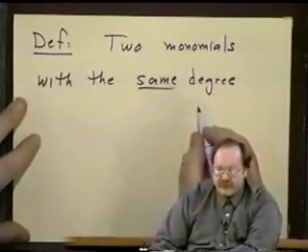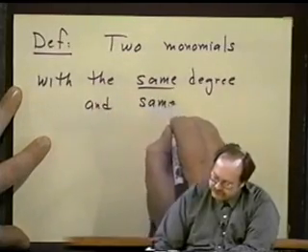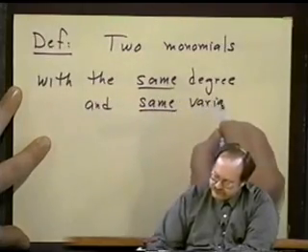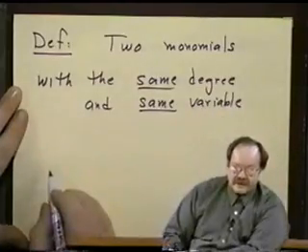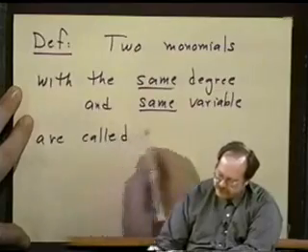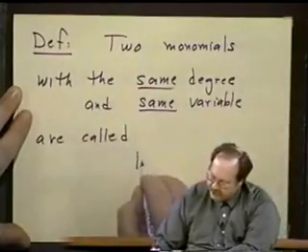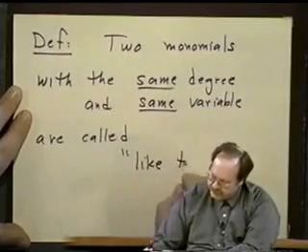It is the power of the variable, and same variable. So they both are x's, say. If you have 2 monomials with the same degree and the same variable, they are called like terms.